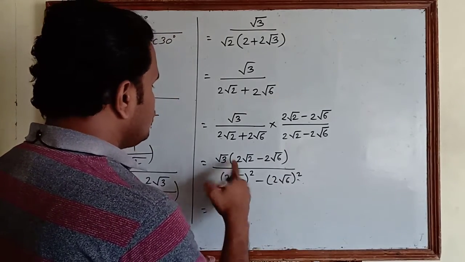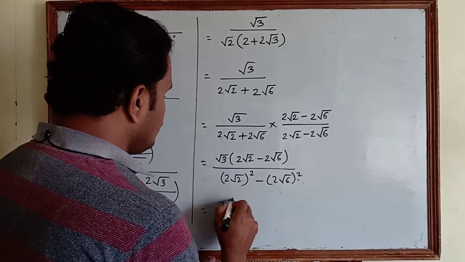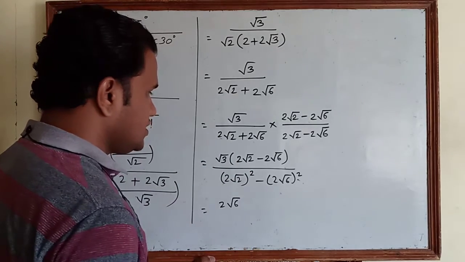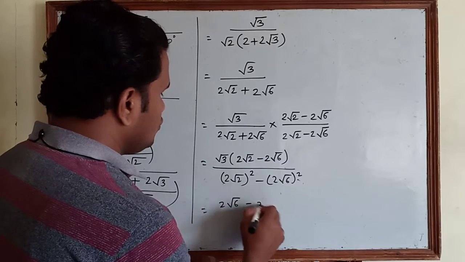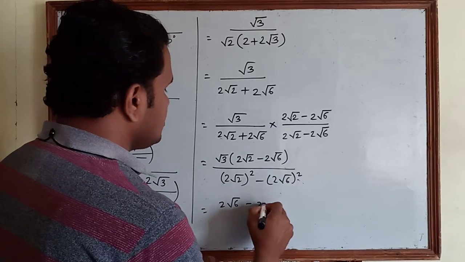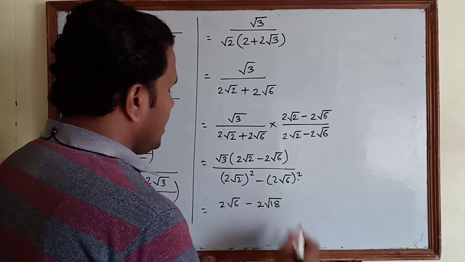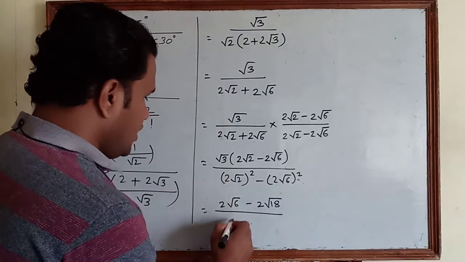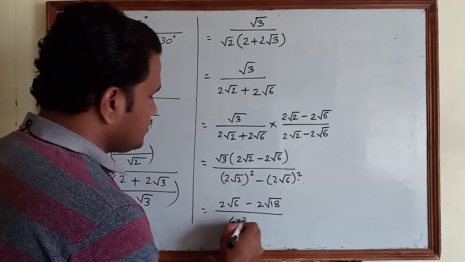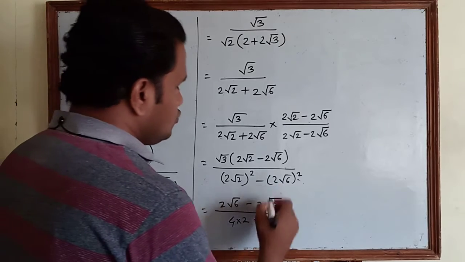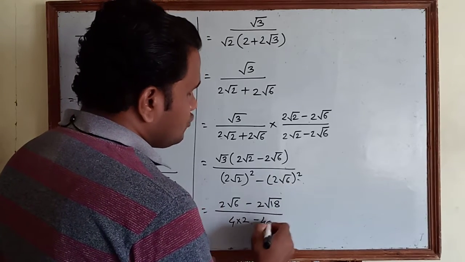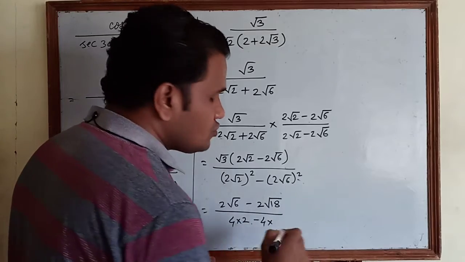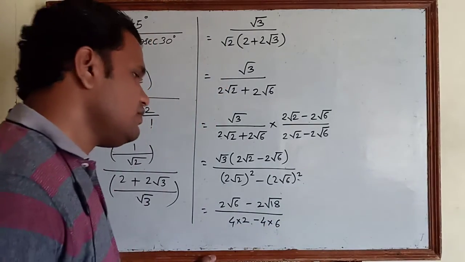Now 2 root 3 into root 2, root 6, minus 2 root 3 into root 6, root 18. 6 3s are 18. 2 square is 4, root 2 square is 2, minus 2 square is 4, root 6 square is 6, in this way.